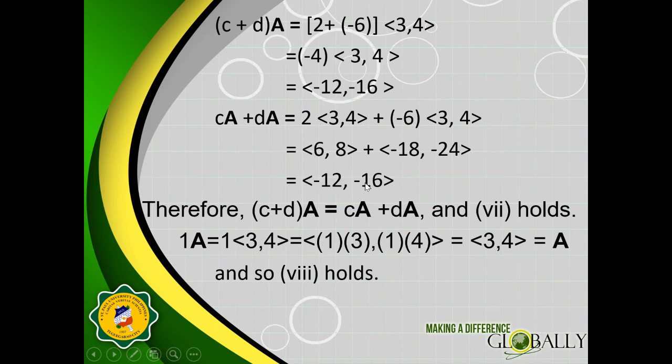Therefore, the sum of c and d multiplied by A equals cA plus dA, and the 7th equation holds. It's easy. 1 multiplied by A is equal to A, and so the 8th equation holds.